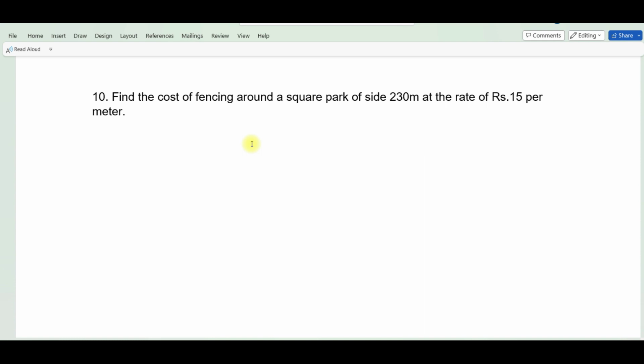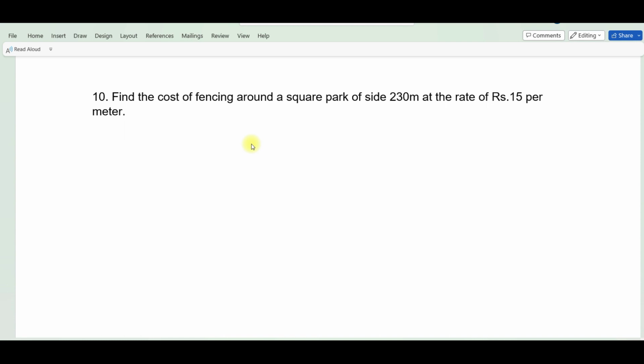First, you need to find the total fence, that is the perimeter. That's the outside cover of the fence. You will have to find that, and then we'll have to calculate the amount for covering the total cost of the fencing of that park.